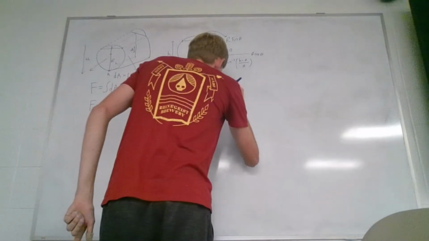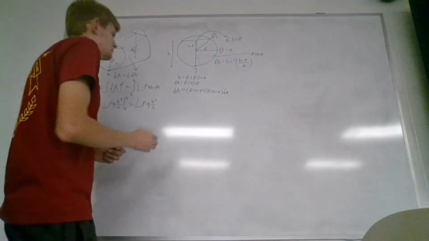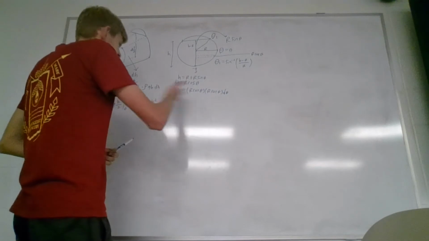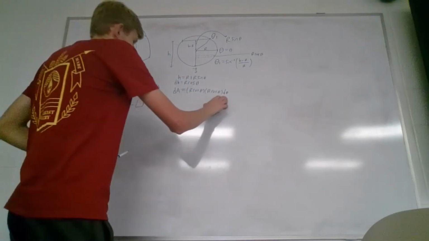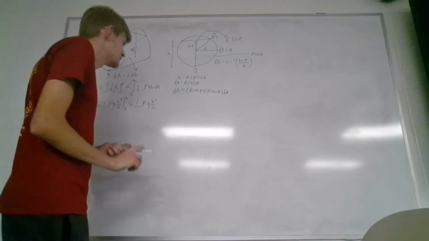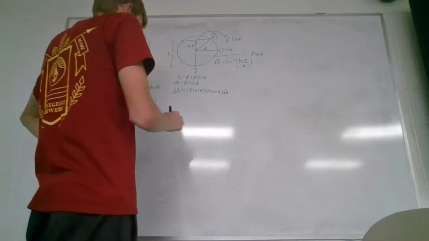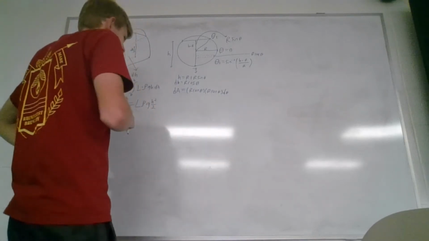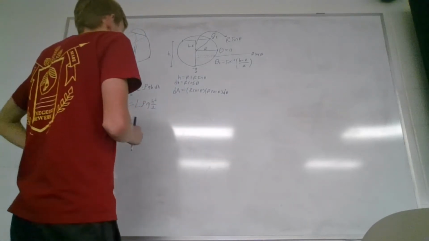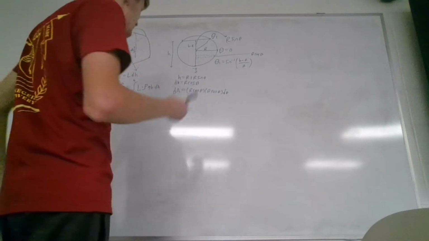And since we're trying to find things in terms of our theta value, we need a d theta over here. As you notice, they're exactly the same thing, which makes it really easy for us to find the force acting on it.